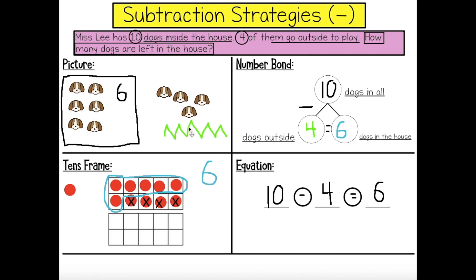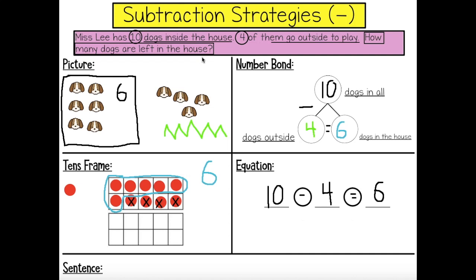Now that we have used a picture, number bond, tens frame, and an equation to solve this problem, we need to write a sentence. Let's take a look at what the question is asking us to do. It's asking us to find out how many dogs are left in the house.